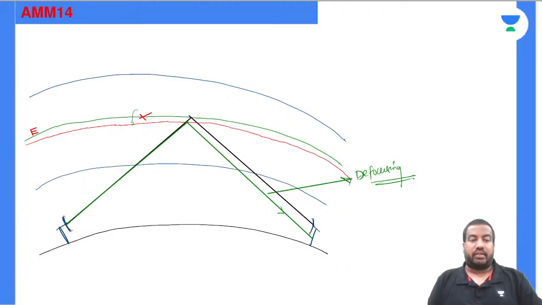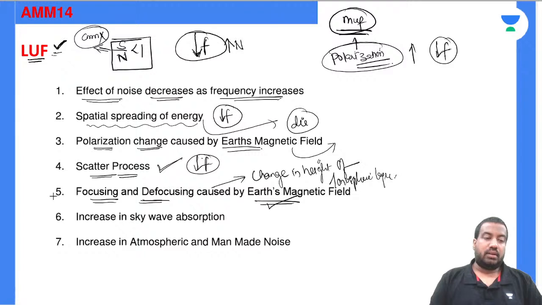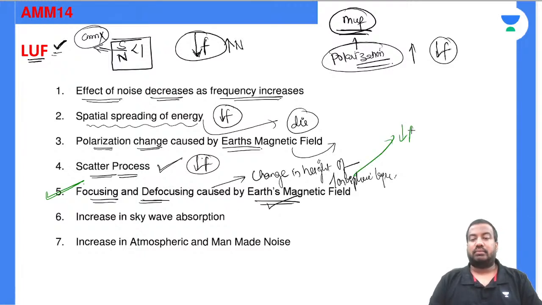It happens because of the variation in the height of the ionospheric layers. This is the point that we are discussing here. And this effect increases with the decrease of frequency.